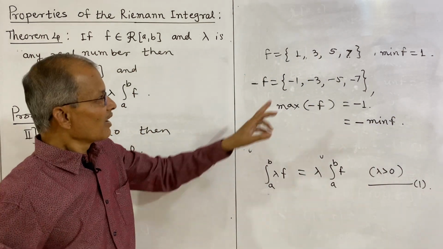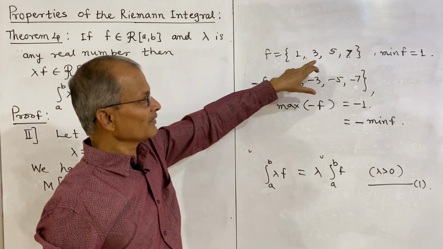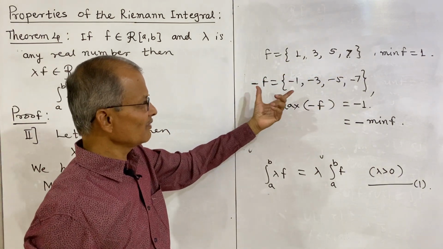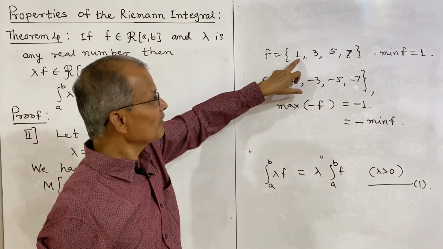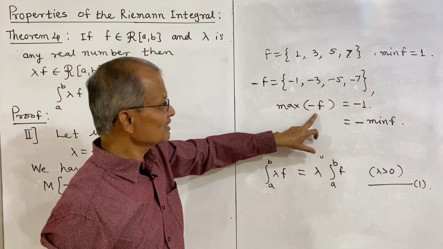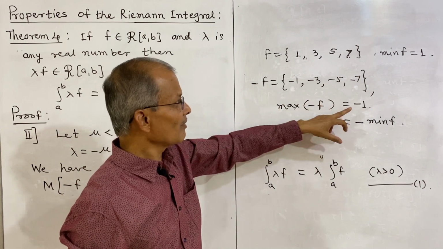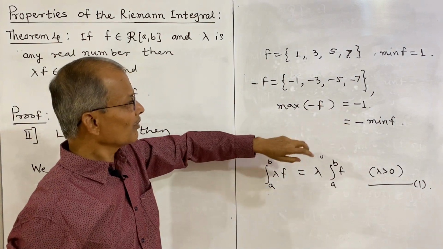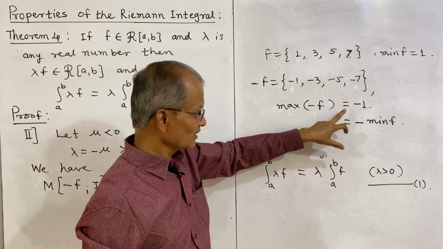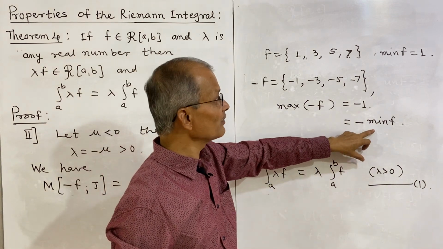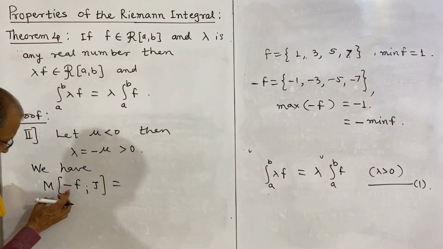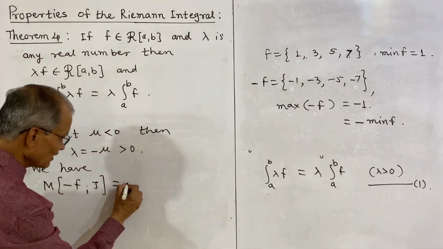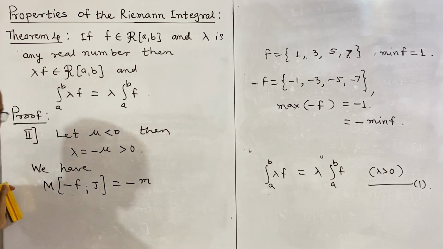See this. When we write f in terms of these values, negative f will have negative signs, and therefore the minimum of this is 1 and the maximum of minus f is minus 1, and therefore the maximum of minus f is the negative of the minimum of f, and thus we write this result. If you write the minus sign outside, then we have to take the minimum value.